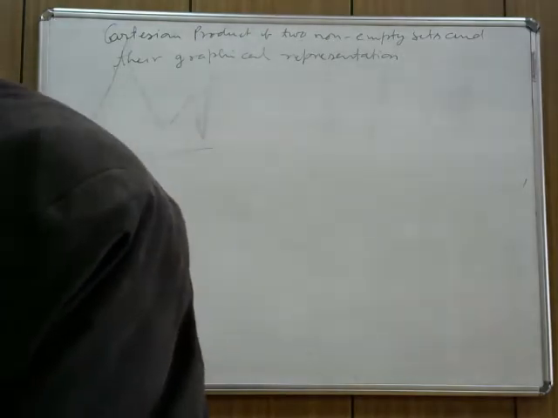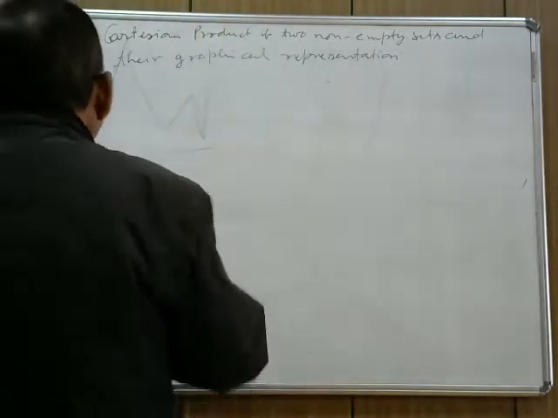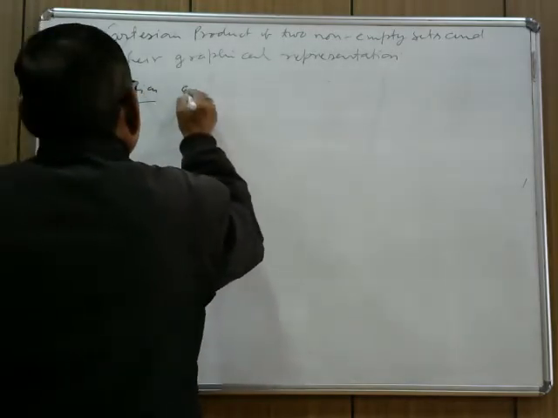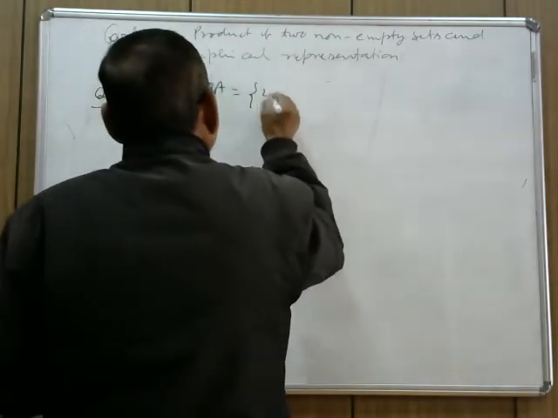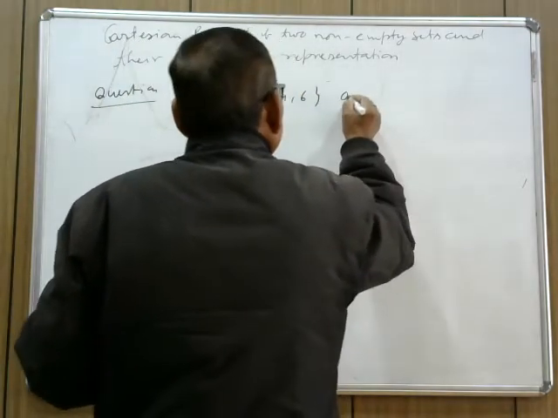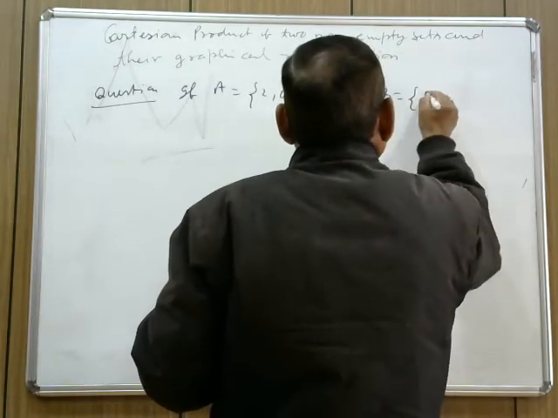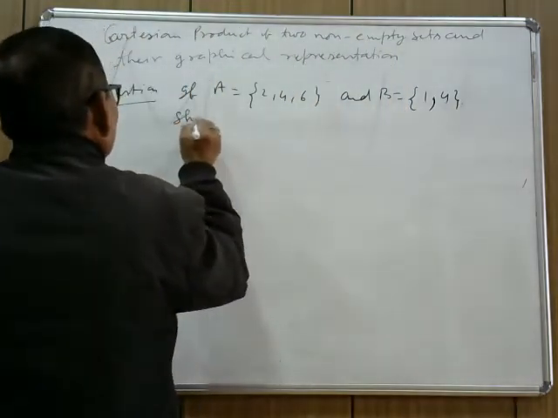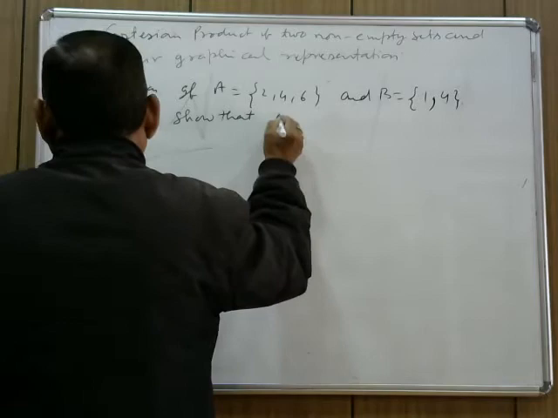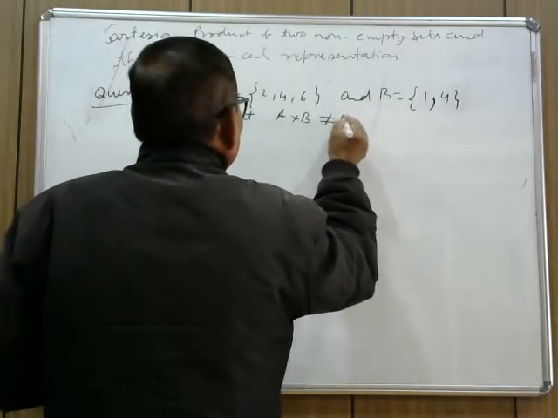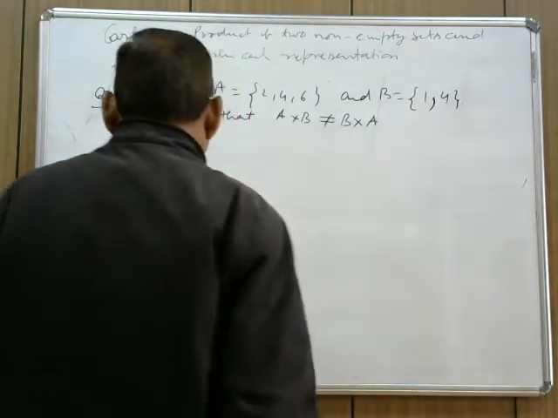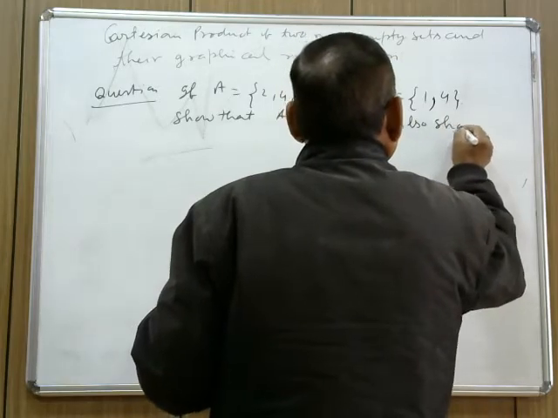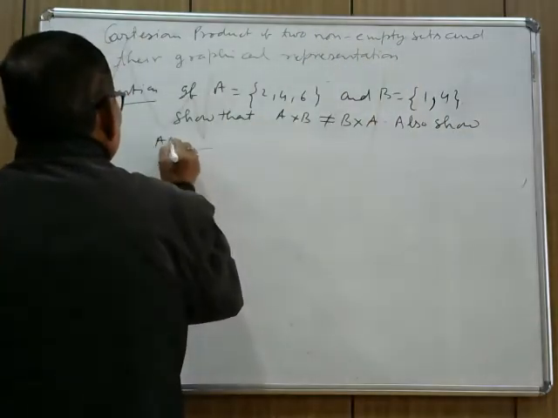Question: if A is equal to {2, 4, 6} and B is equal to {1, 4}, show that A cross B is not equal to B cross A. Also show A cross B graphically.